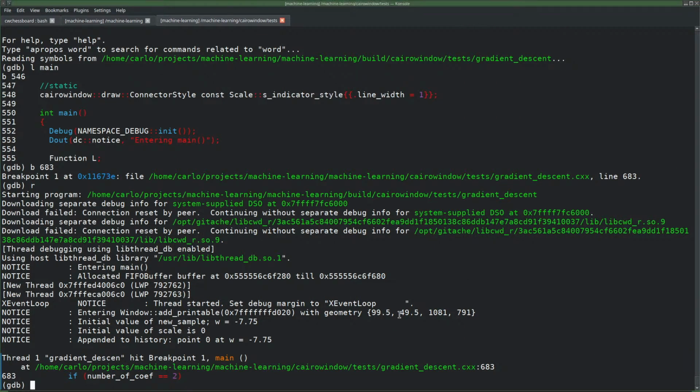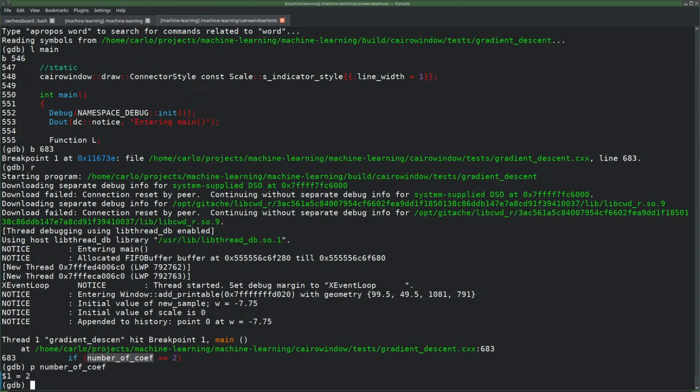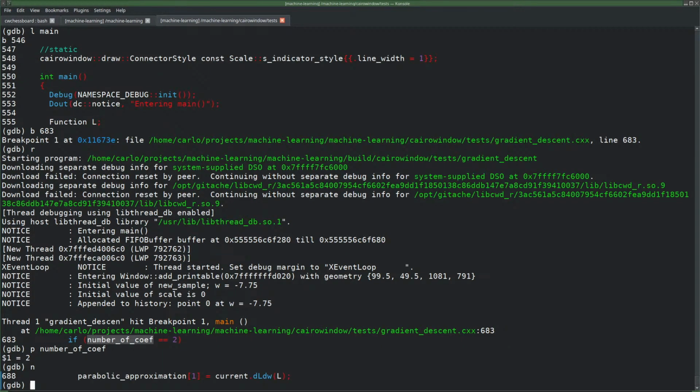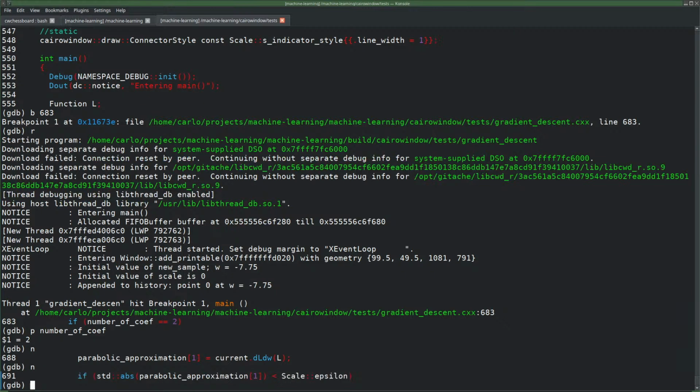Right. Print number of coefficients. We have 2 coefficients, probably because, I don't know, we have just 1 sample, I guess. Next. And that gives me the derivative. Just run it.